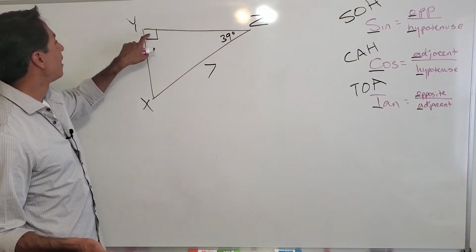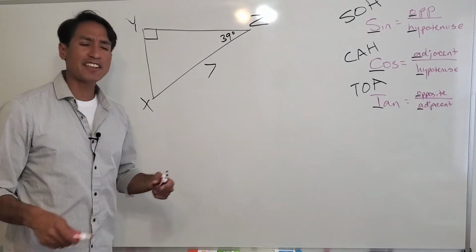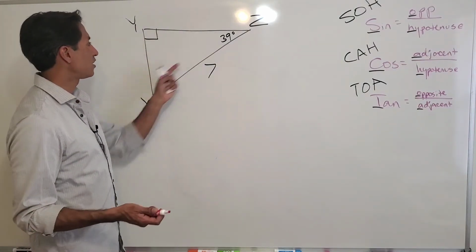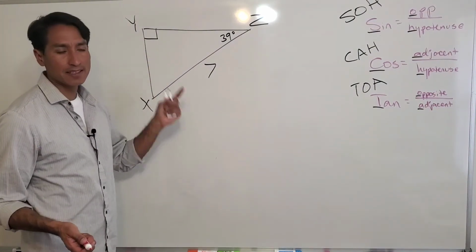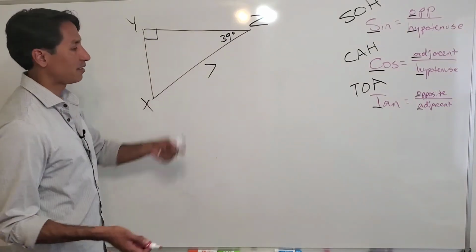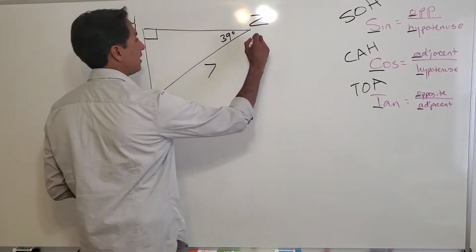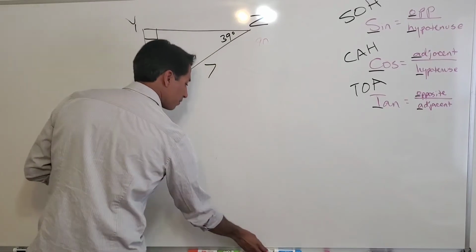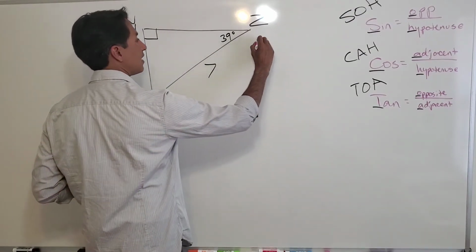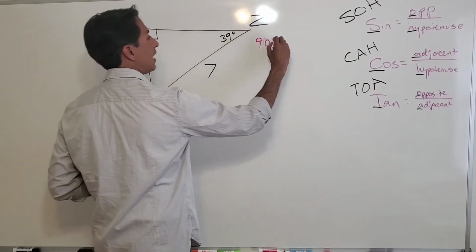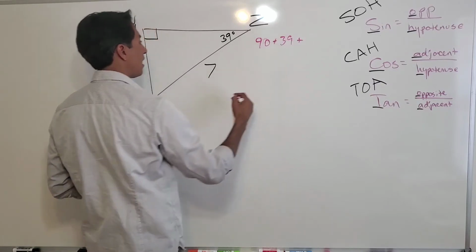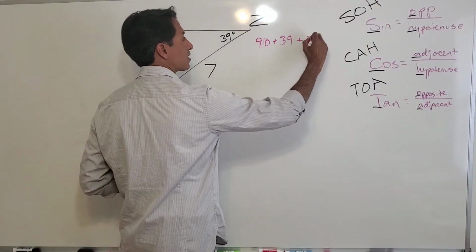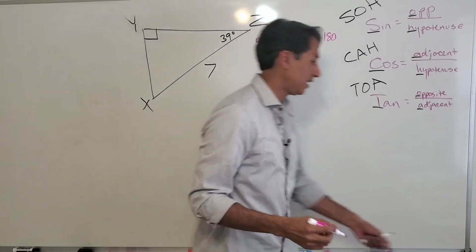We have 3 different angles. They did say to solve the triangle, right? So I've got to get all my interior angles, then I've got to get my lengths. And so I might as well do the interior angles first. I know this guy is 90. I know this guy is 39. I know I've got one more, I'll just say X. And I know it all equals 180.